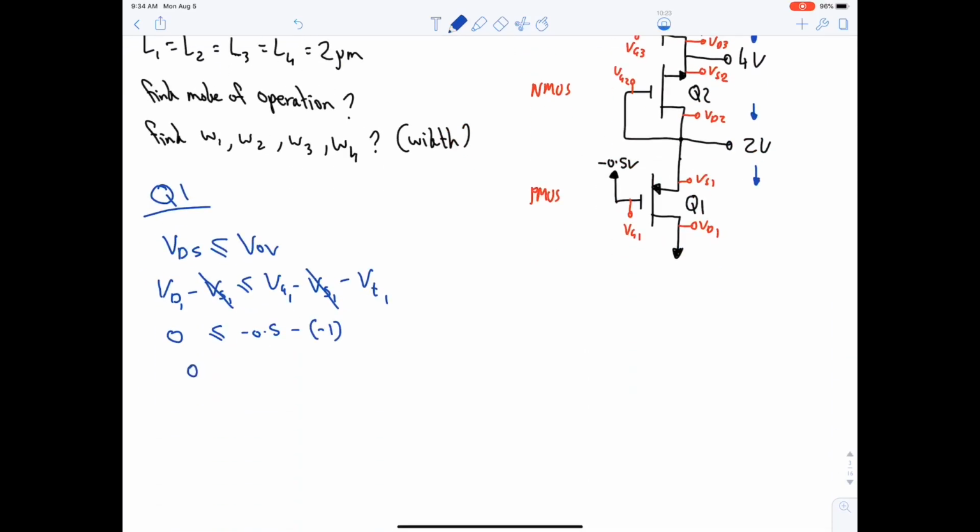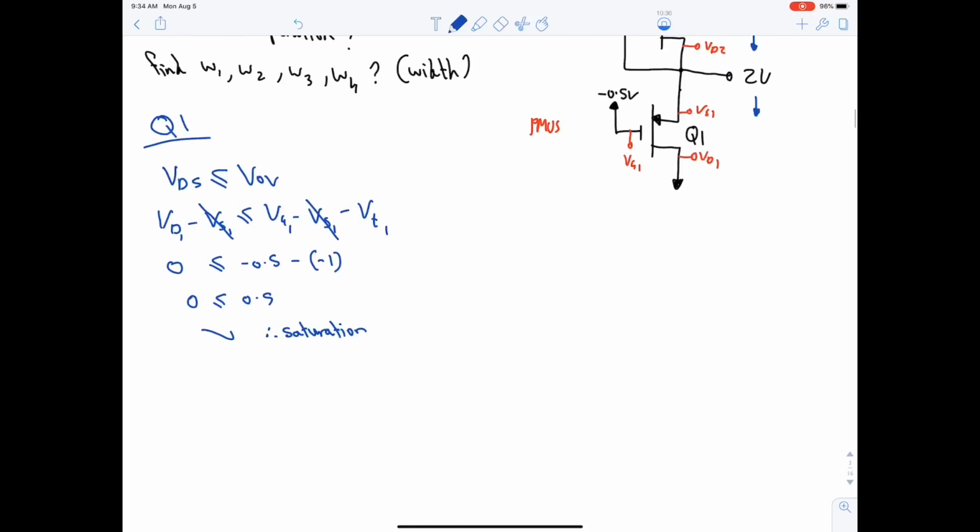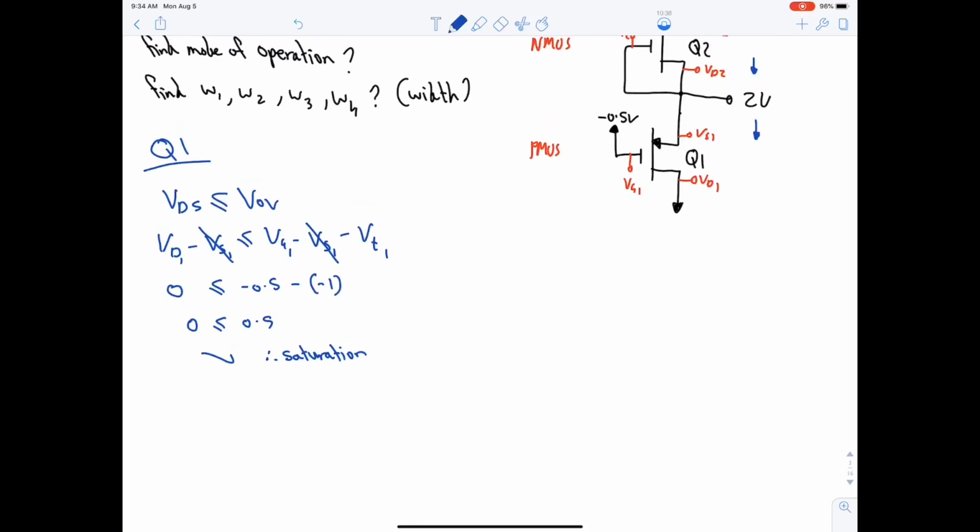So here 0, is it less than 0.5? Yes, it is. Therefore, we are in saturation. Okay, so we found the mode of operation for Q1. Let's now find W1, the width of MOSFET 1.